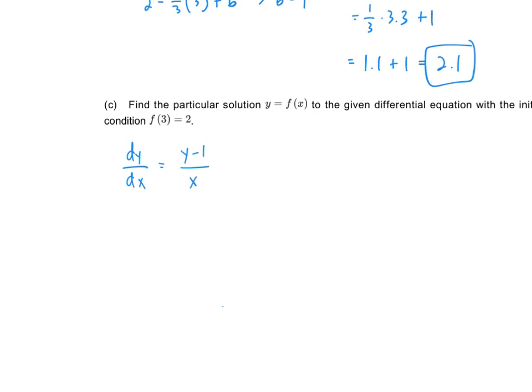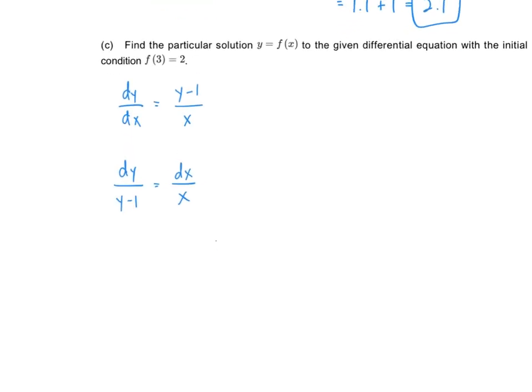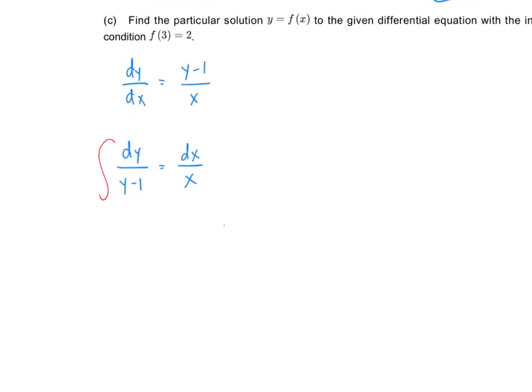So we'll divide by y minus 1, and that'll put it in the denominator here, and then multiply by dx, and that'll put it in the numerator. Then we'll integrate both sides. This is ln. That's ln also.